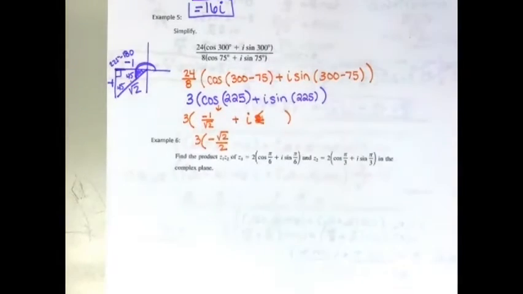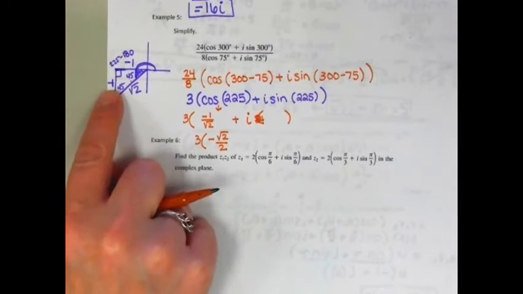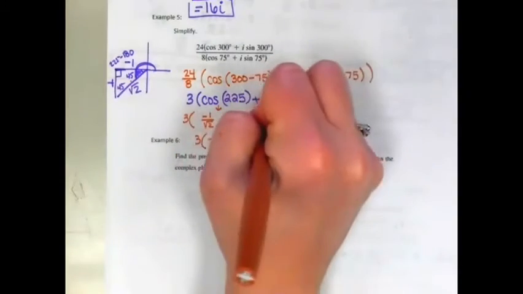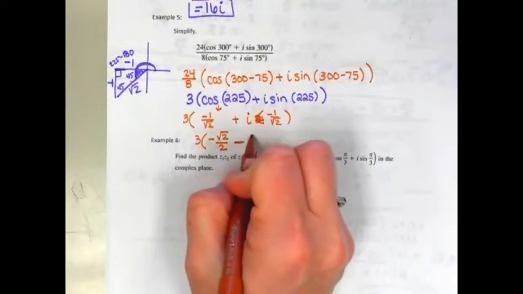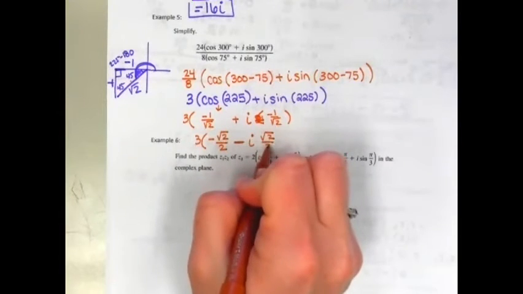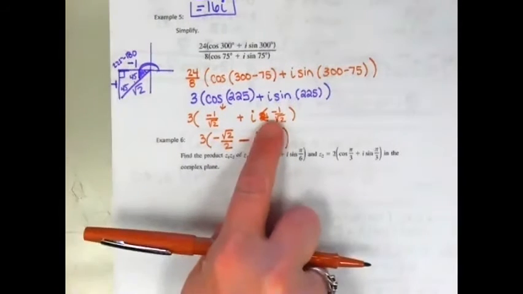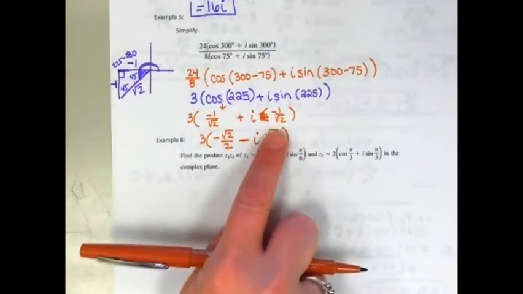And what's the sine of 225? Isn't it the exact same as cosine? And in this one, our y is also negative. So it's -1 over radical 2 or radical 2 over 2, right? You guys okay with that? And I changed the plus to a minus because that sign was a negative, right?